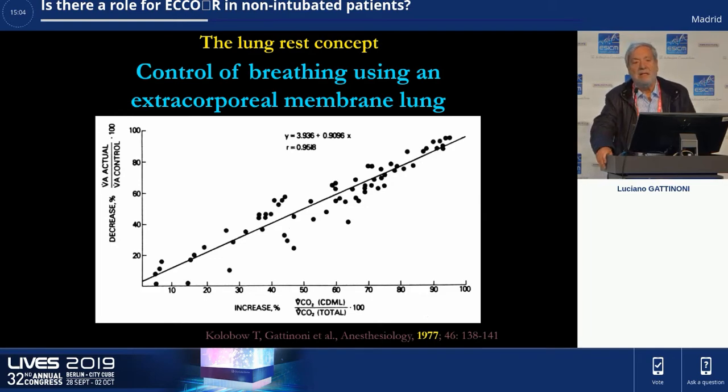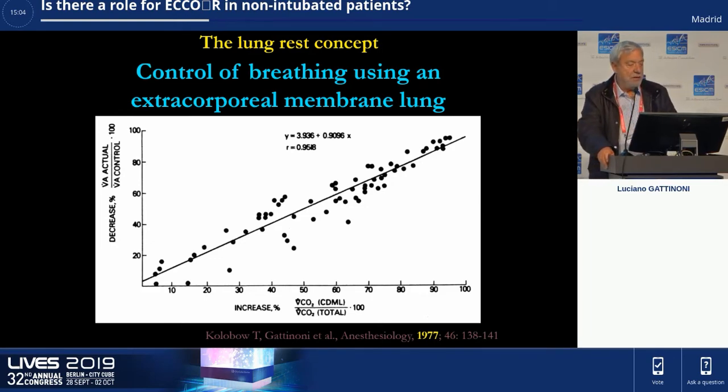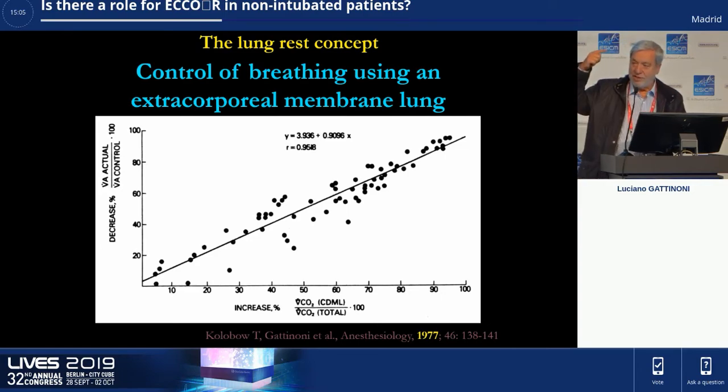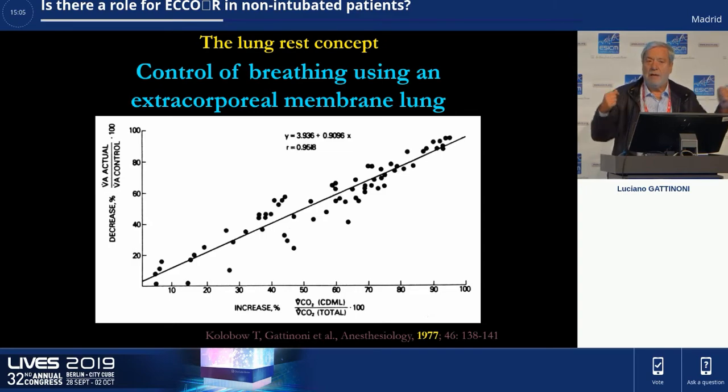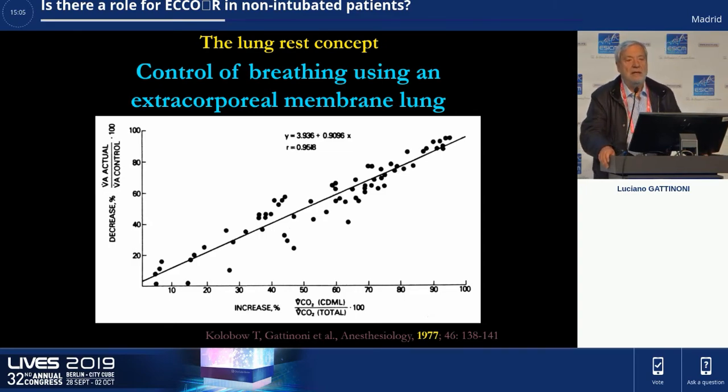Back many decades, spontaneous breathing and extracorporeal support. At the time, when I went to the United States, I didn't speak one word of English, now not much more, but my duty was to test the PCO2 and the PO2 across the membrane lung, because of Kolobov, who passed away last year.